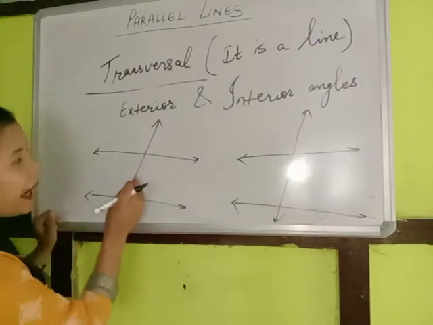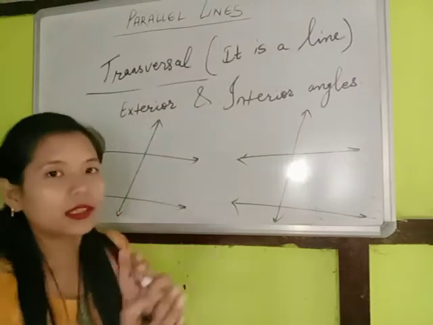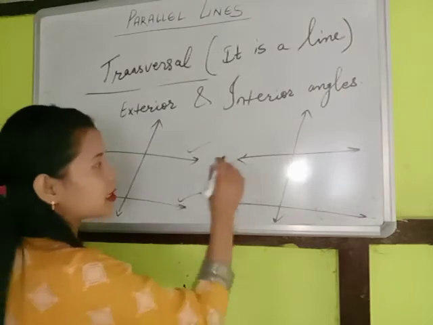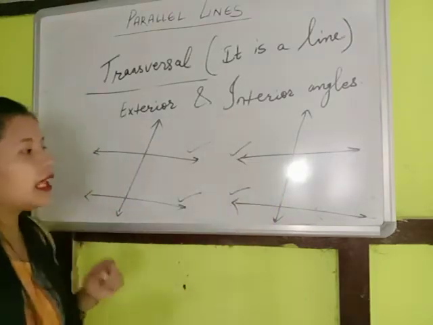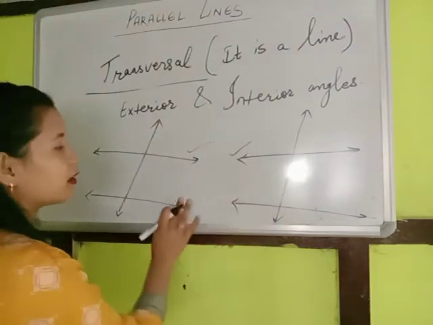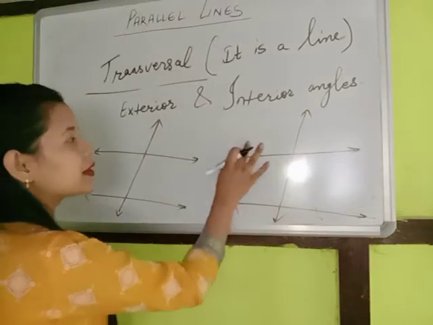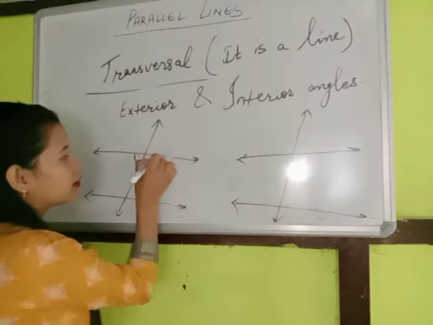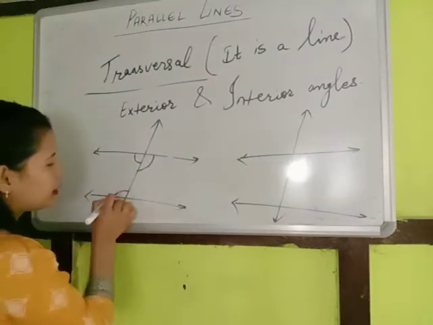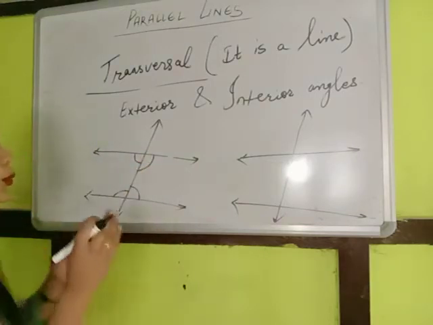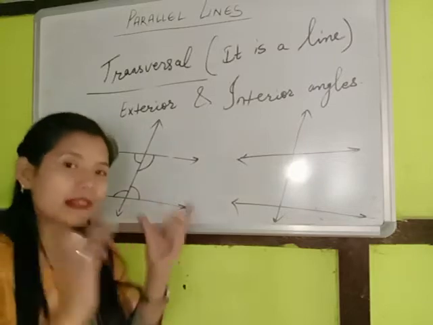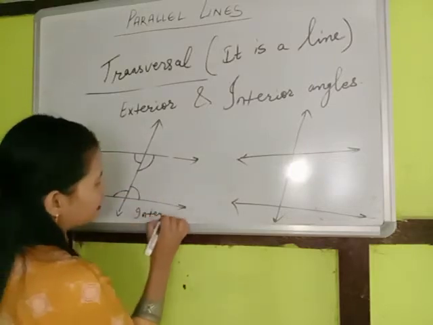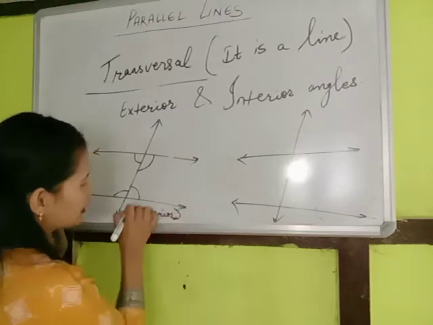The angles which lie inside the two lines, the two straight lines being this and this, that is this angle, this and this, are named interior angles, because they are inside.